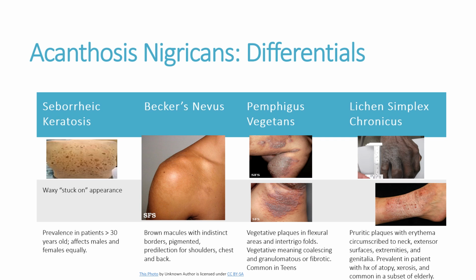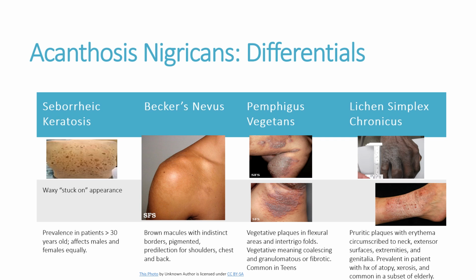Becker's nevus: brown macules with indistinct borders, pigmented, and has a predilection for shoulders, chest, and back. Pemphigus vegetans: they are vegetative plaques in flexural areas and intertriginous folds. Vegetative just means coalescing and granulomatous or fibrotic.